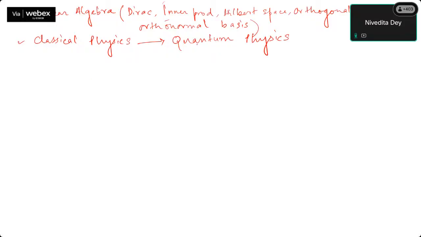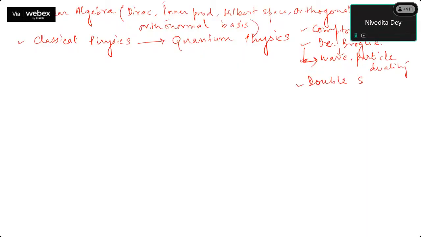Okay, and what were the primary observations where we have seen Compton scattering effect, then the de Broglie case, and the wave particle duality. Then we have seen the double slit experiments and all, and a few more, quantum tunneling and all.